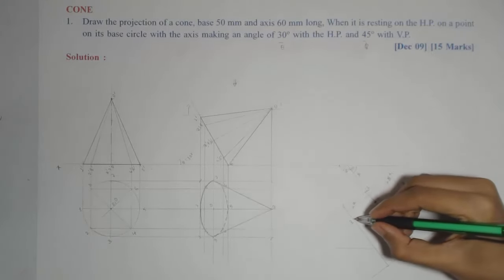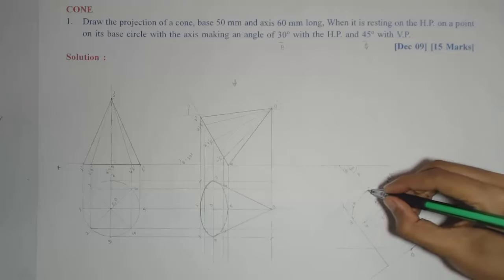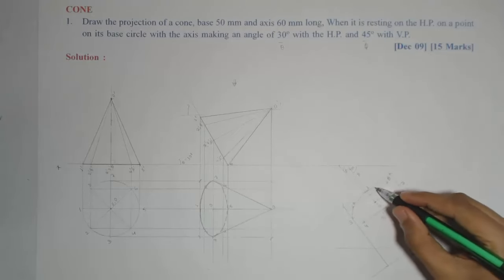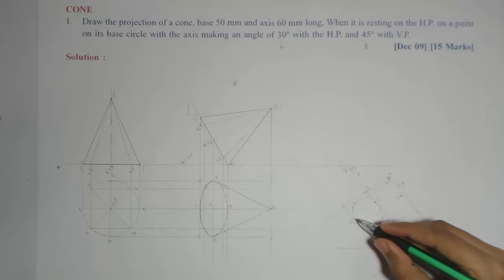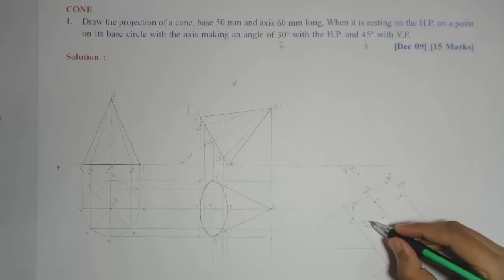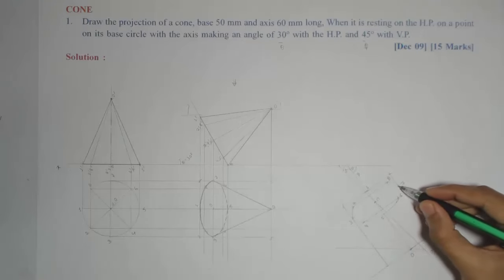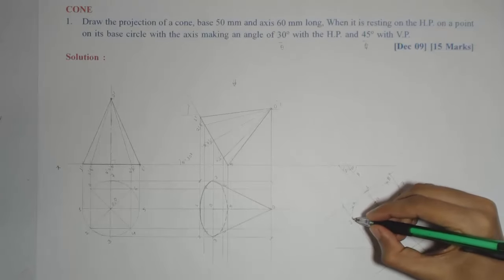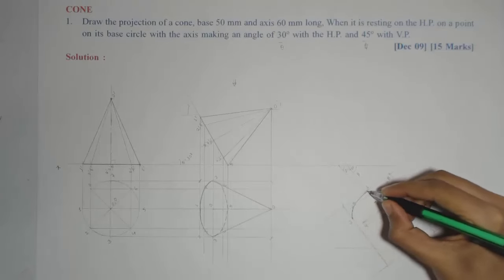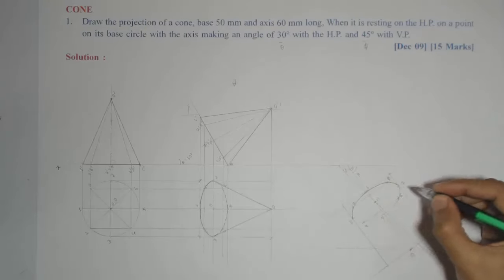Now we'll again join, keeping the same visibility by smooth curve. Outer boundary dark, inner portion dotted because not visible to the observer.